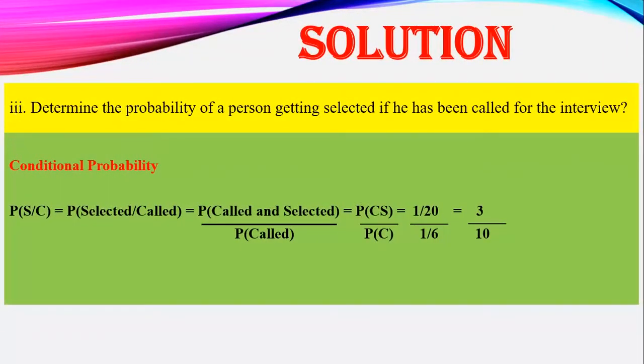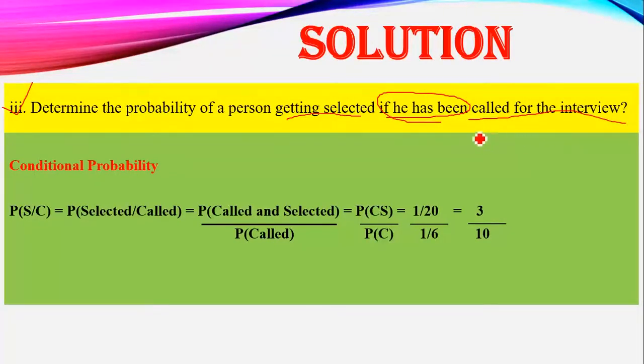We proceed to part 3 of this question. So part 3 is asking, determine the probability of a person getting selected if he has been called for the interview. So I wanted to read that question again and understand the concept. They are saying, determine the probability of a person getting selected if he has been called for the interview.